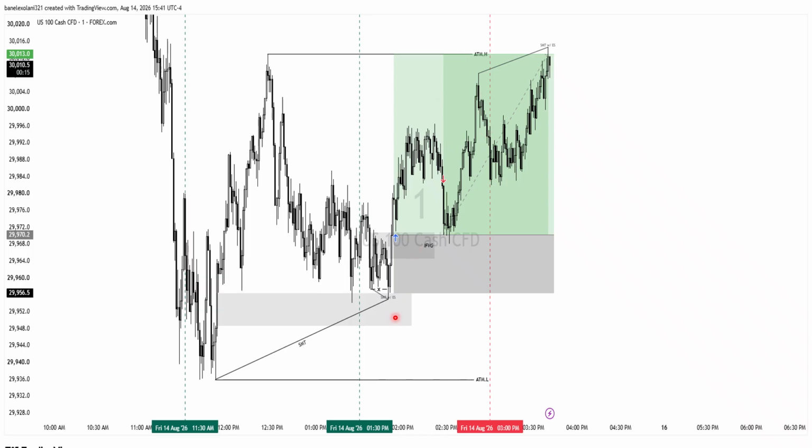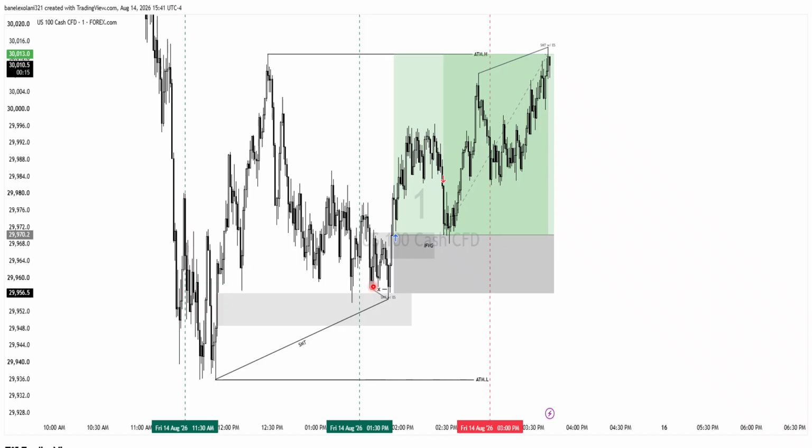But the low was not taken out, but ES, which is the S&P 500, did take out the low. So there's that SMT. In other words, this one took out this one, but actually it did not, because there's SMT. But ES did take out these lows, so you can also trade ES since you want to follow this. If you want to be strict on your rules, then you can trade the ES.